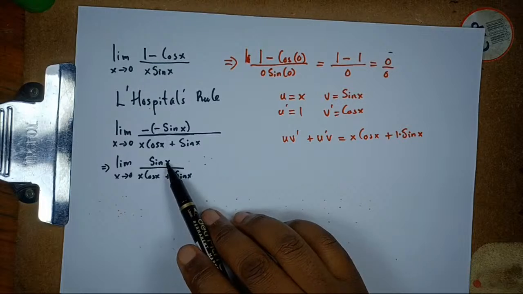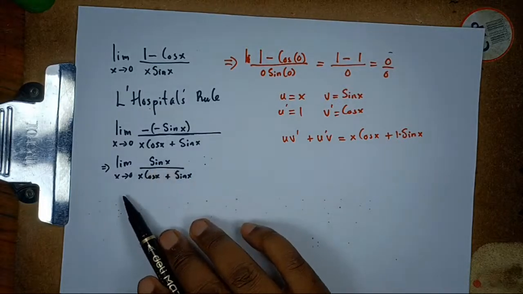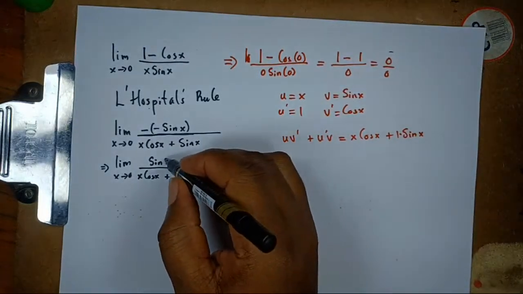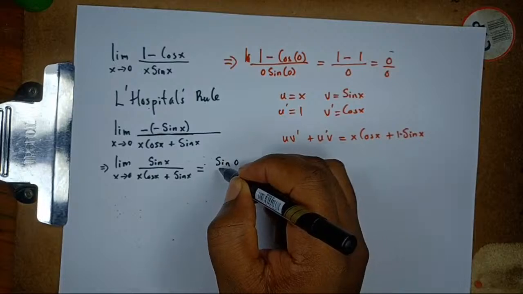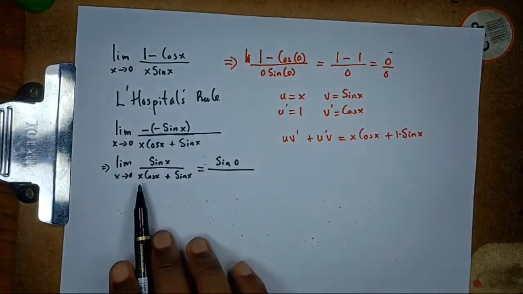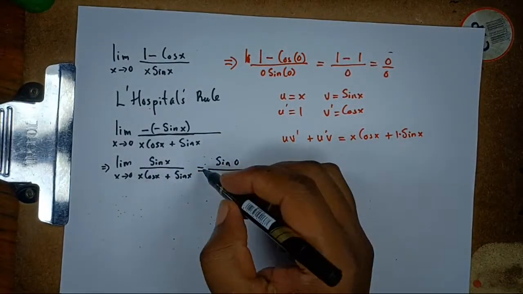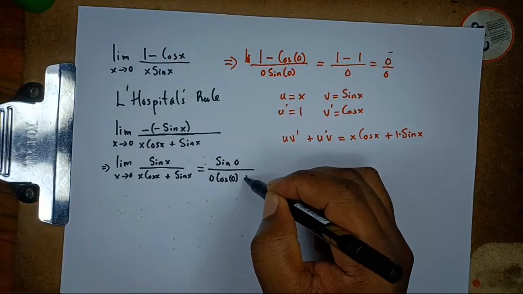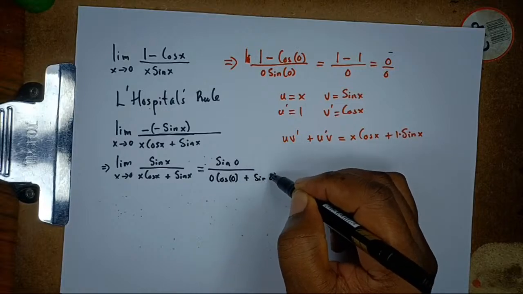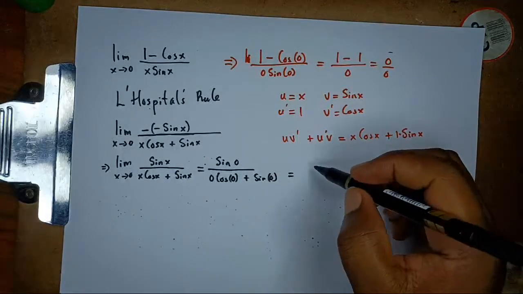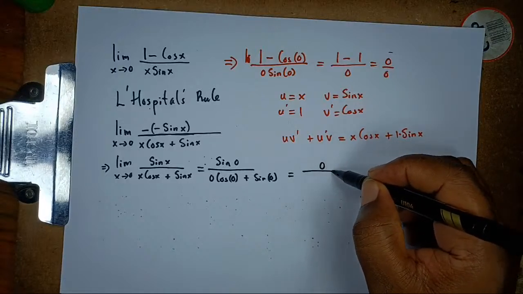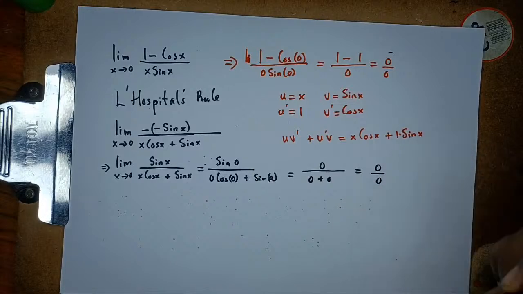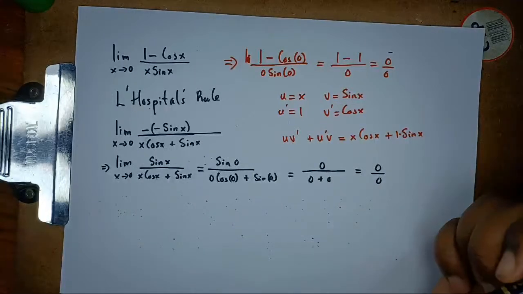If we substitute x with 0, we get sine 0 divided by 0 cos 0 plus sine 0. This gives us 0 divided by 0 plus 0. What do we get? 0 over 0. So we don't have the answer.